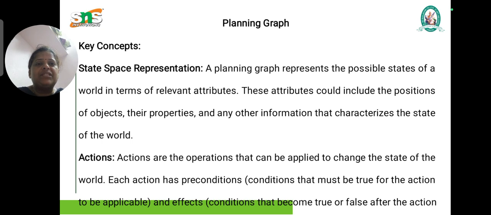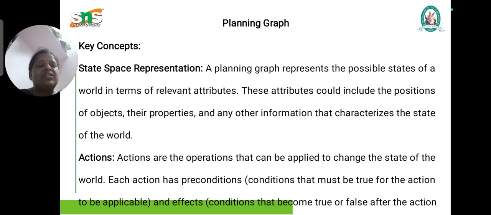Key concepts: state space representation. A planning graph represents the possible states of a world in terms of relevant attributes. These attributes could include the position of objects, their properties, and any other information that categorizes the state of the world.